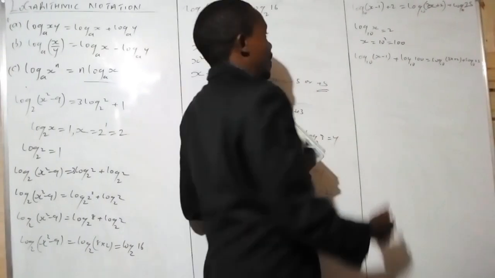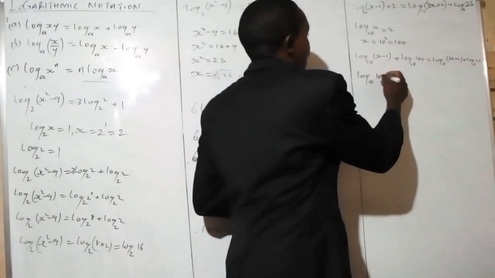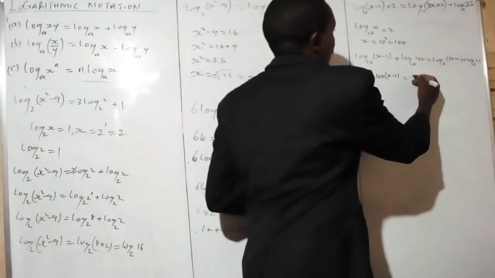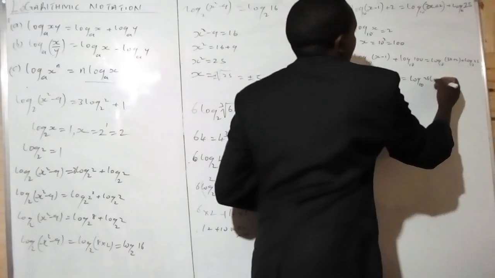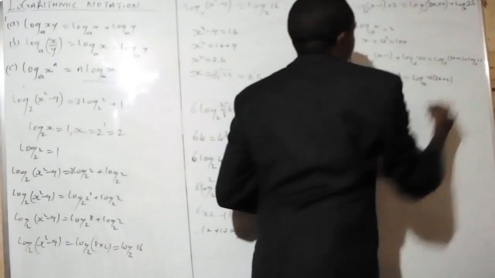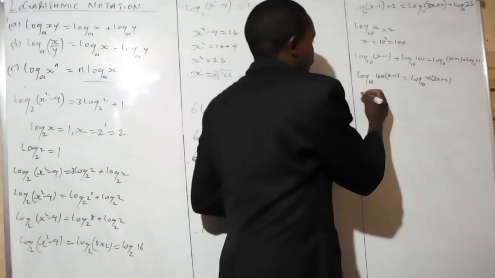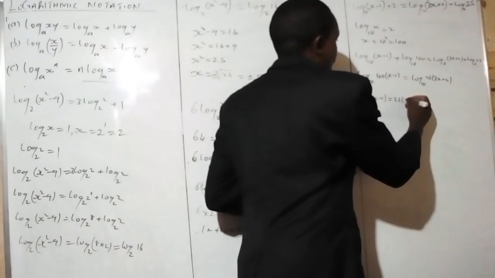Log 10 of 100(x minus 1) is equal to log, pick a single log, 25(3x plus 2). Drop the logarithms to have 100(x minus 1) is equal to 25(3x plus 2).